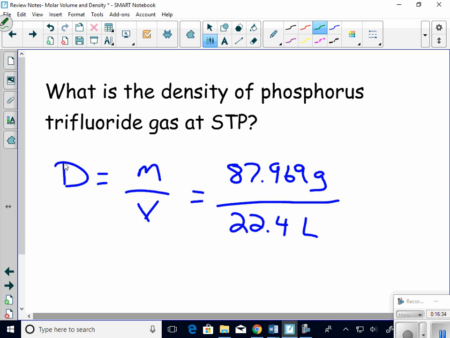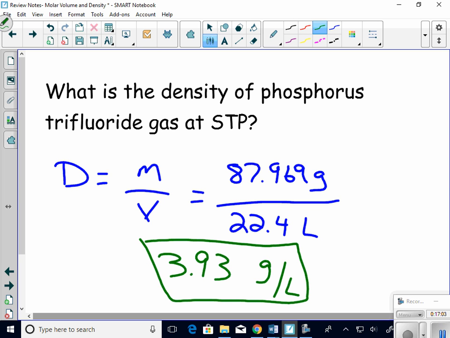So, what is my label for this going to be? Grams over liters. Grams per liter. And I do my math. I take the 87.969 and divide it by 22.4, and I get a value of 3.93 grams per liter.